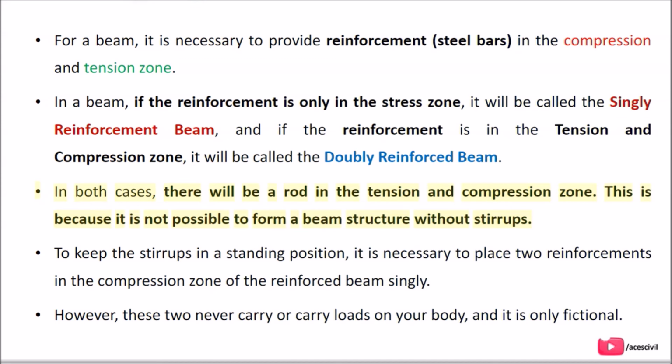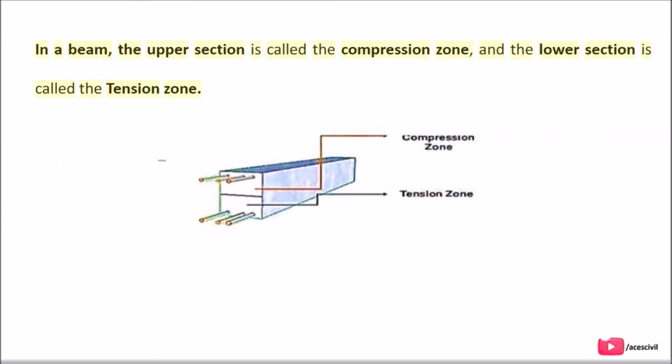This is because it is not possible to form a beam structure without stirrups. To keep the stirrups in a standing position, it is necessary to place two reinforcements in the compression zone of the singly reinforced beam. However, these two never carry loads in their body, and they are only fictional. In a beam, the upper section is called the compression zone, and the lower section is called the tension zone.